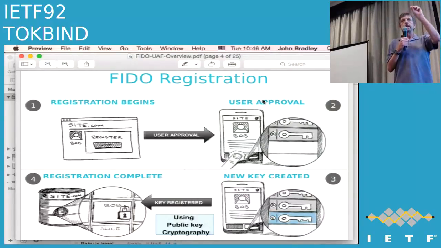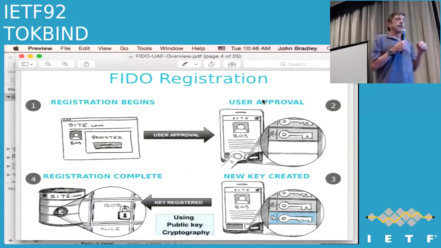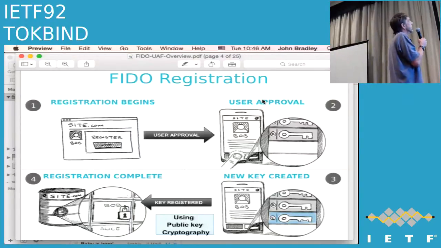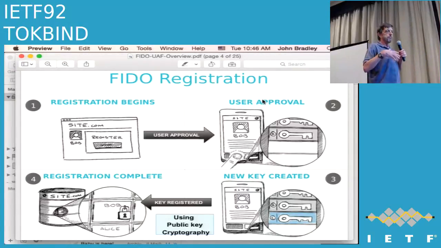And the user experience is that you go to the site, they say, why don't you get registered? Either you're creating an account because you don't have one, which is a standard thing that happens today. We use self-asserted credentials all the time. I go to foo.com and they say sign up.